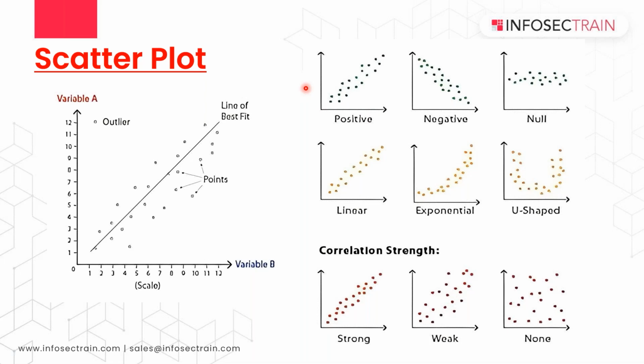So how can you identify that this is a positive correlation? There is some positive correlation between both variables x and y, because here you can see as x values are increasing, in the same way y values are also increasing. That's why you will see that these data points are making a 45 degree angle with the x coordinate as well as the y coordinate.